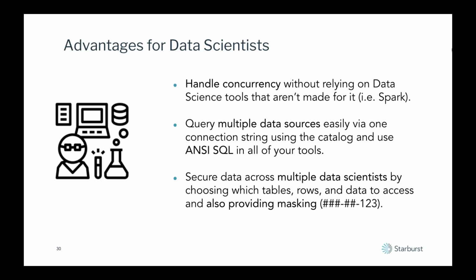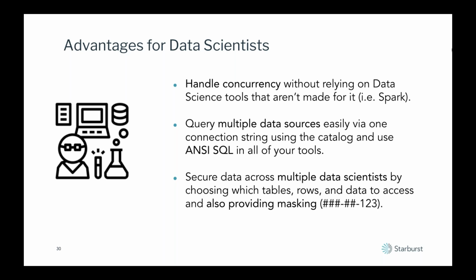Querying multiple data sources is again a big thing. If you are a data scientist, you know that the more data you have, the better chances that you will be able to utilize it. Of course, the quality of data matters as well. But before you can judge the quality, you have to have access to that data. And even more important is to have that access in a streamlined manner.